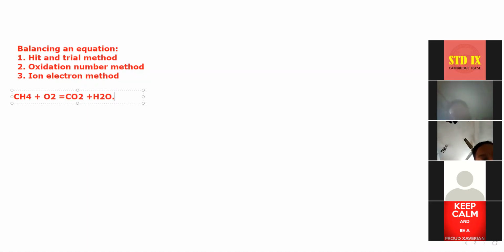I'll tell you with an example. Basically, the hit and trial method means you have to consecutively go on trying by adding different coefficients on the left hand side and then balancing the right hand side. I hope you know how to balance this particular equation.